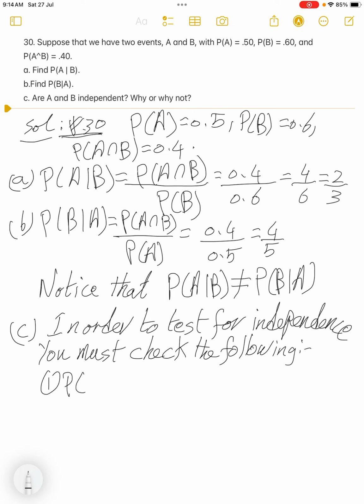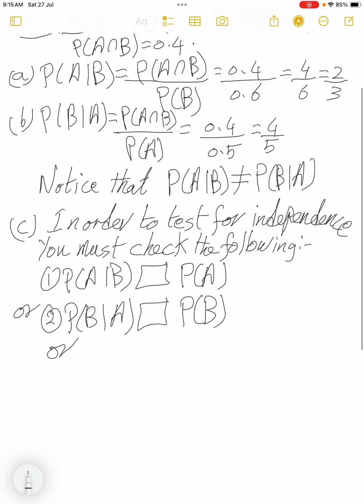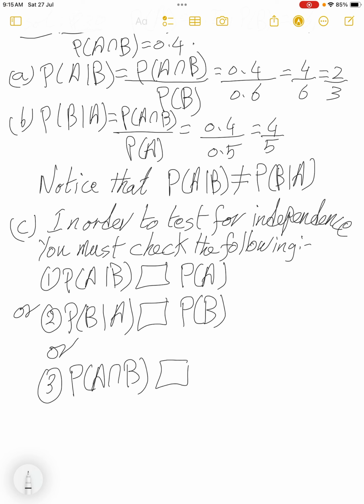One, probability of A given B. See if it is equal to probability of A, or two, probability of B given A. See if it is equal to probability of B, or number three, calculate probability of A intersection B. See if it is equal to probability of A multiplied by probability of B. You can check one of them, but I will check all of them for you, in order to convince you that they all have the same answer.